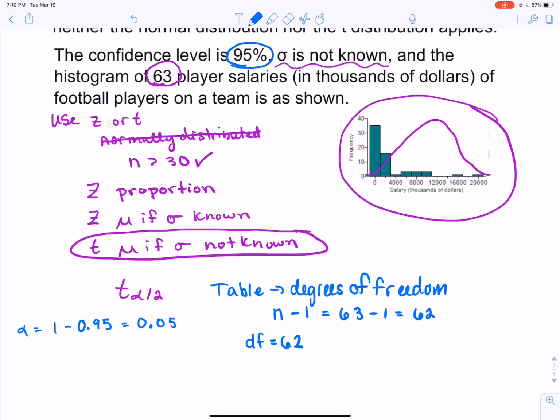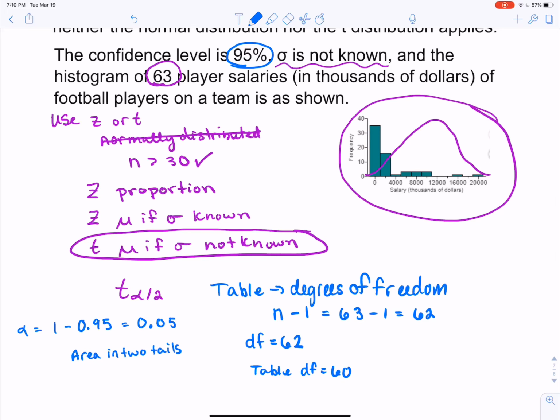Every time that we're doing a confidence interval and we're looking at the table, we want the area in two tails. So if we go to our table, there is a slight issue. When we get down into those higher degrees of freedom, they're only to the nearest 10. So if we have to choose between 60 and 70, we're going to really look at our degrees of freedom of 60.